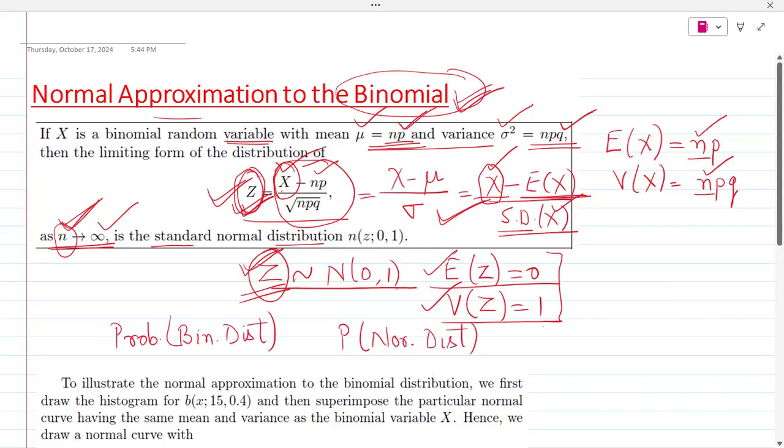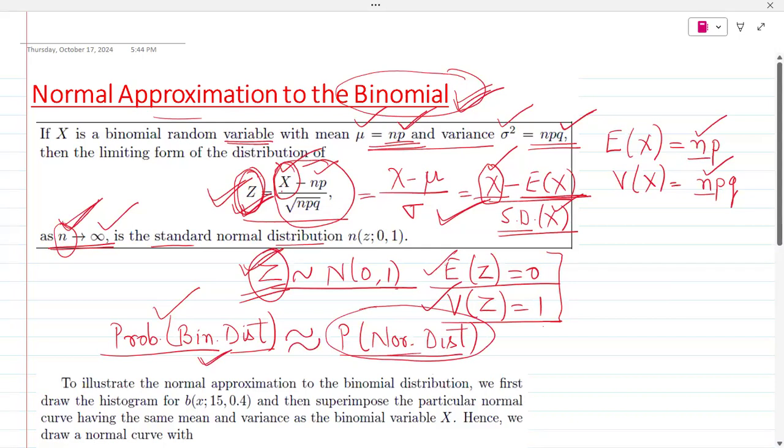The probability which we can find by the binomial distribution, the same probability we can calculate by the normal distribution also. But the probability calculated by the normal distribution will not be exactly equal to this; it will be approximately equal.